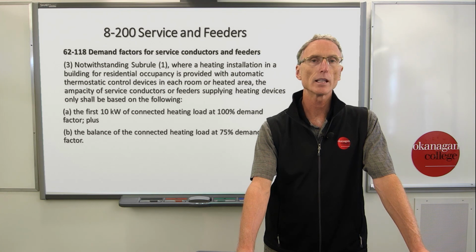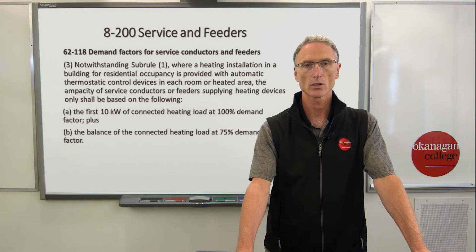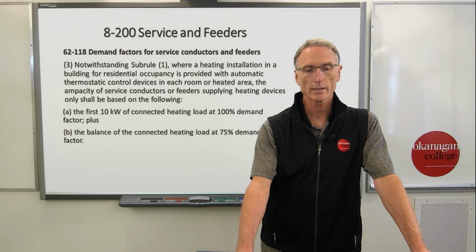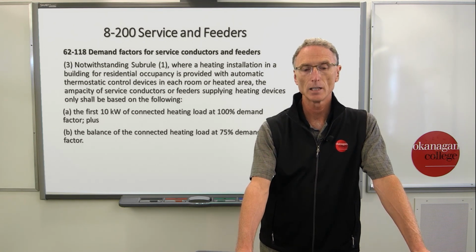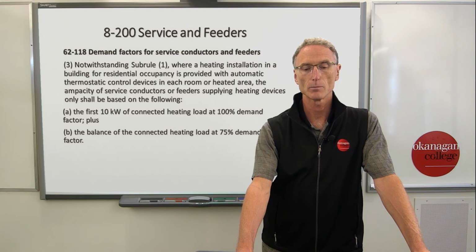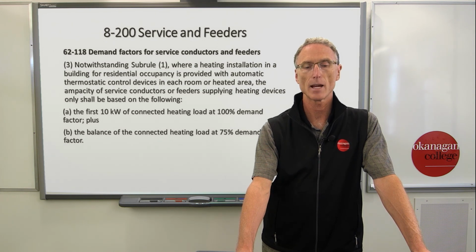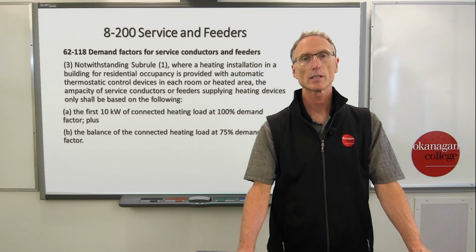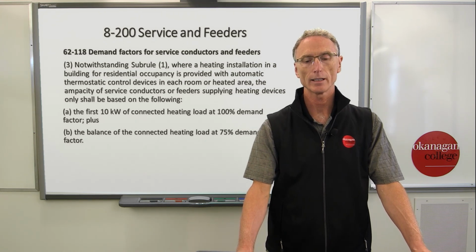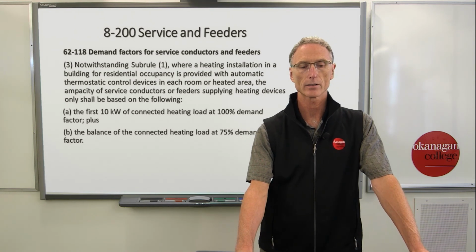So they're going to give you a little bit of a break on the total wattage as far as your heating is concerned. What it tells us here is the first 10 kilowatts of connected heating load at 100% demand factor. So that means of your total heat, we're going to take 10,000 watts out of it and calculate that at 100%. We'll see how that works into our calculation in a second.